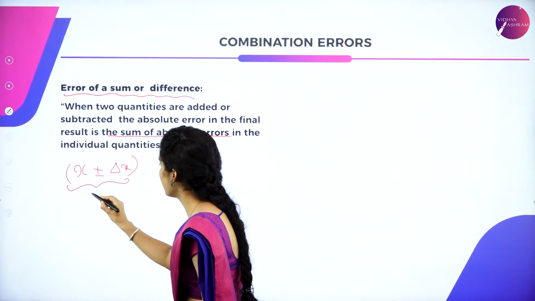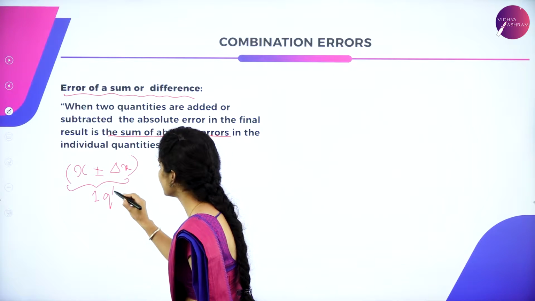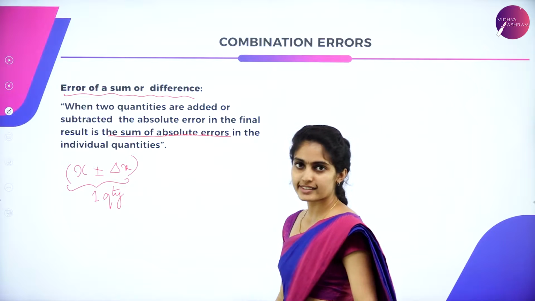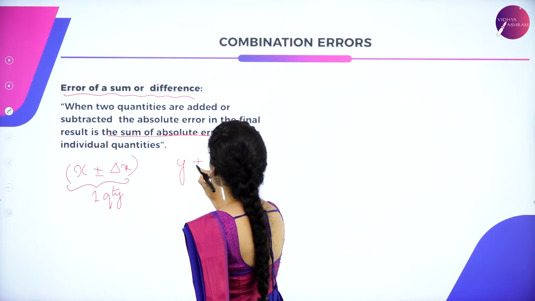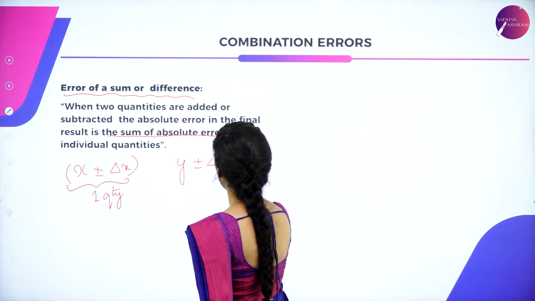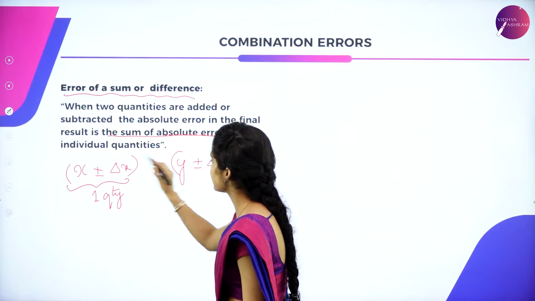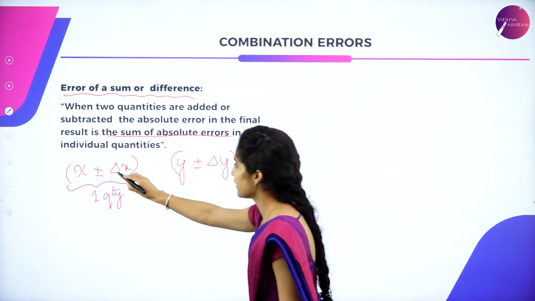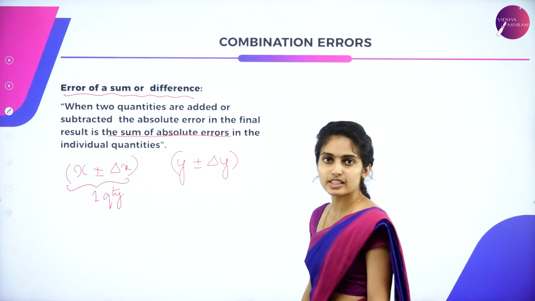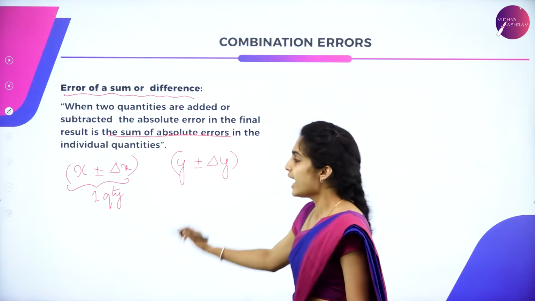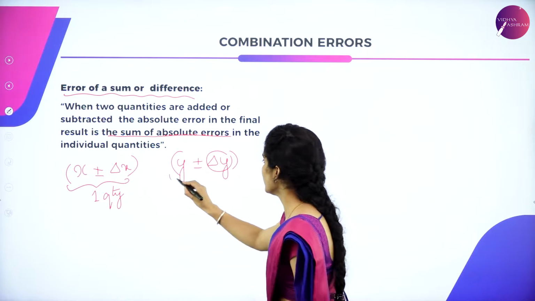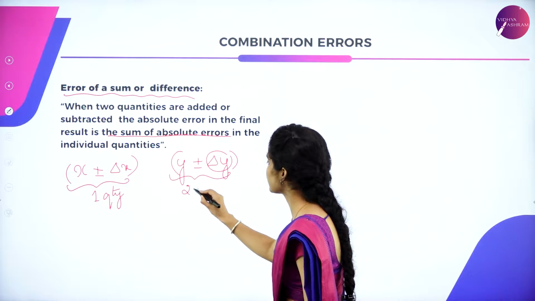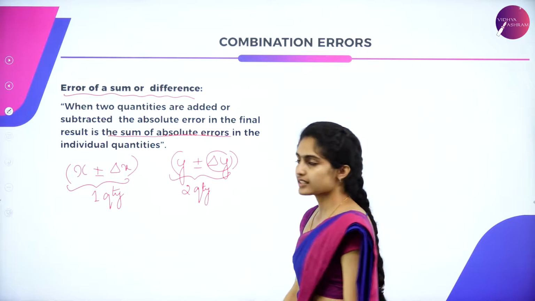This is my first quantity. Consider the second quantity, let it be y plus or minus delta y. So this is the absolute error. Delta x is the absolute error in the first quantity and delta y is the absolute error in my second quantity.